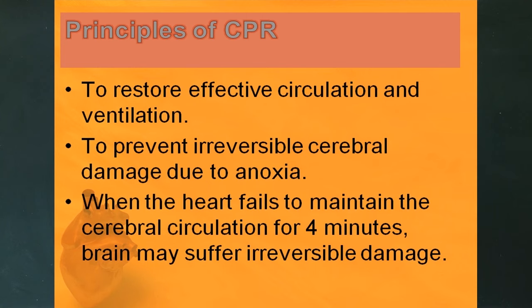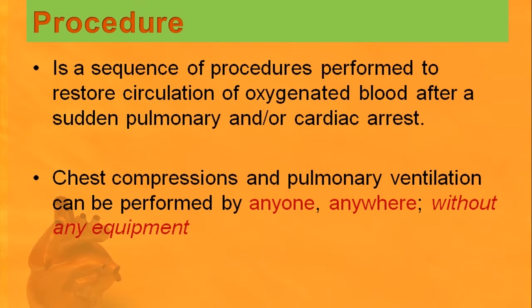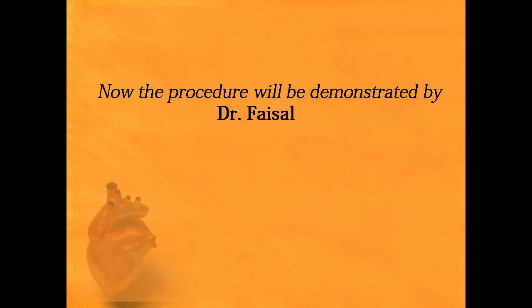We cannot treat the patient on the roadside, but definitely we can prevent the irreversible brain damage, which is the role of CPR. This is a sequence of procedures, as I have already told you, which is performed to restore circulation of oxygenated blood after sudden pulmonary or cardiac arrest. Chest compressions and pulmonary ventilation can be performed by anyone, anywhere, and without any equipment, which we will be demonstrating later on.